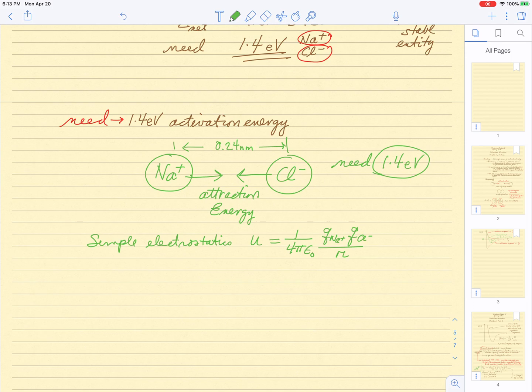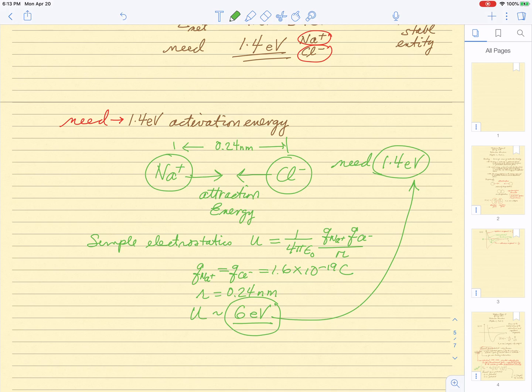The charge on each is 1.6 times 10 to the negative 19 coulombs, and R is about 0.24 nanometers. If you plug that in, you'd get an energy of about 6 electron volts once converted from joules to electron volts.